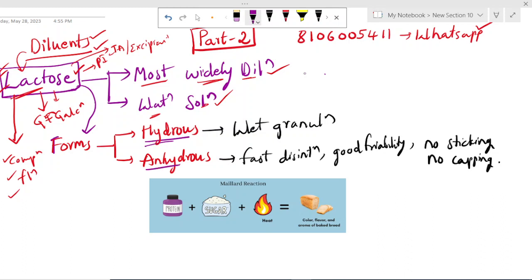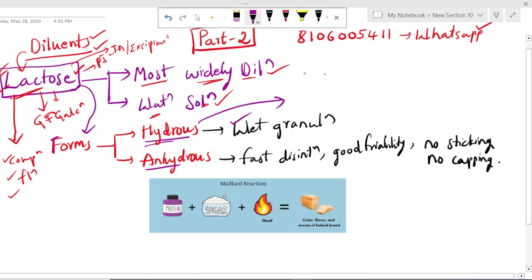Hydrous lactose is used in wet granulation. Why is it used in wet granulation? Why not in dry granulation? So, what does hydrous lactose mean? Anyone, do you know what exactly hydrous lactose is?